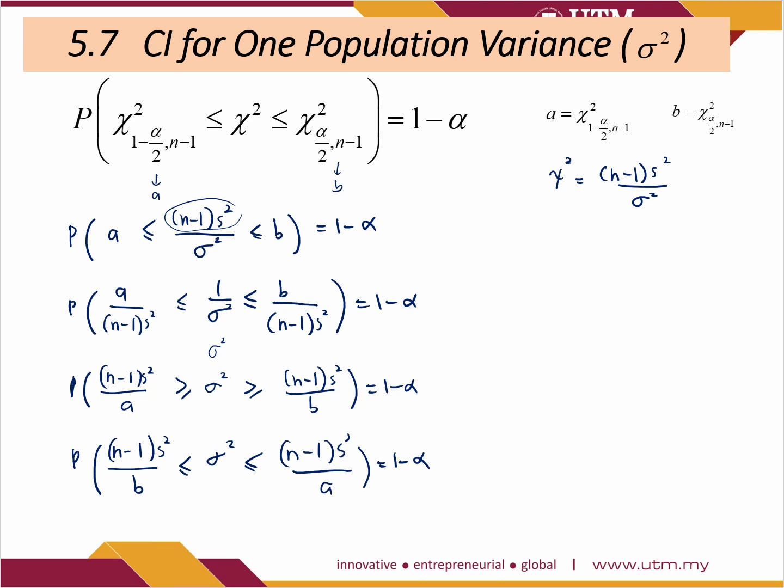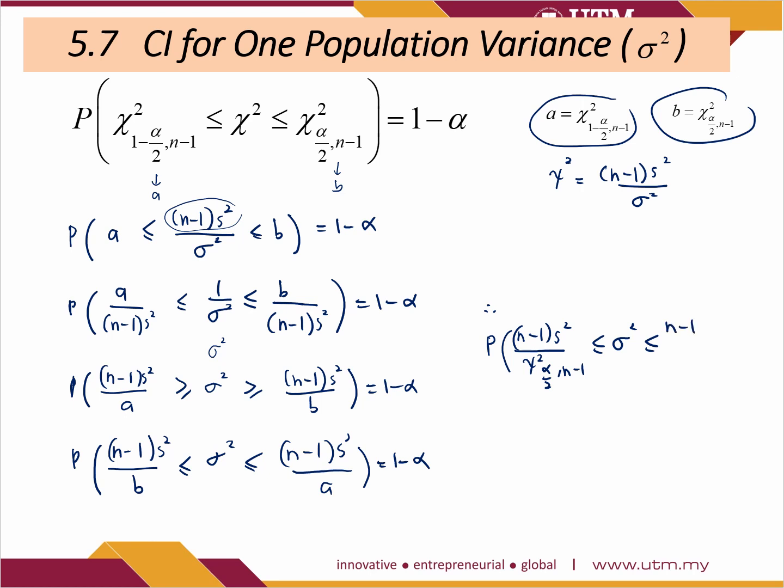So if I put back this upper limit A and B into this equation, we know that the confidence interval for one population variance will be n minus 1 s square over B, where B is chi-square alpha over 2, n minus 1, and n minus 1 s square over chi-square 1 minus alpha over 2, n minus 1, equal to 1 minus alpha.